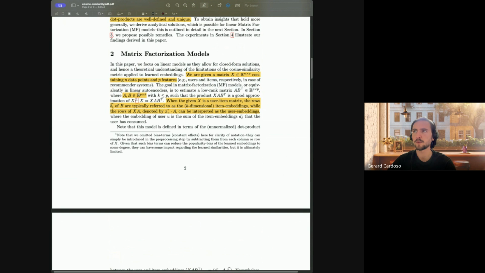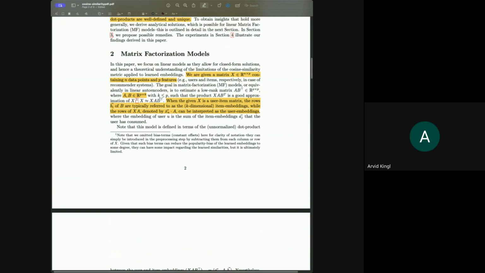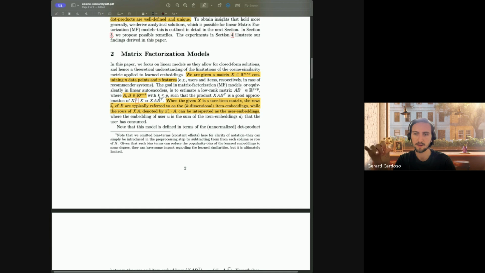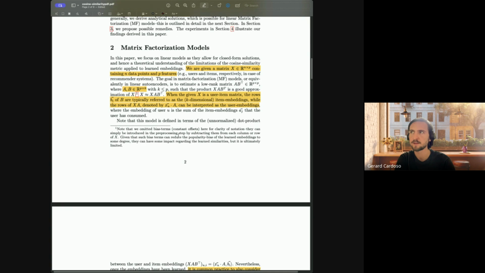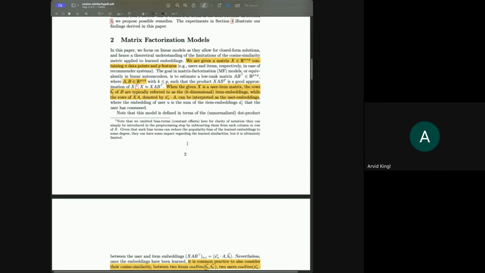A and B do have the same dimensionality, but then A is the user embeddings, and B is the product embeddings. So you can still have different combinations of n and p, and this still holds, right? Unless I misunderstood your question.